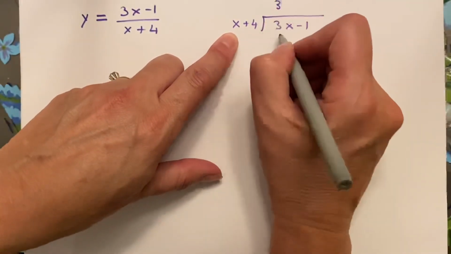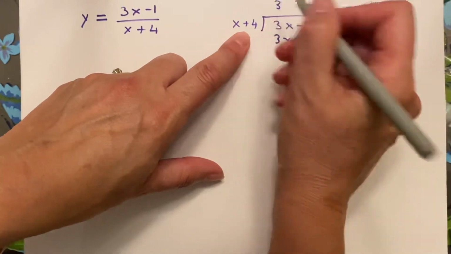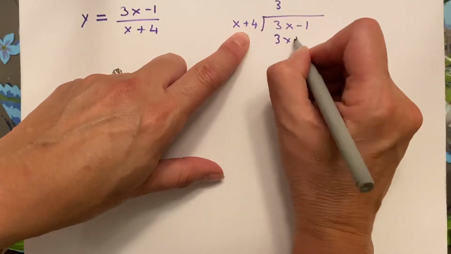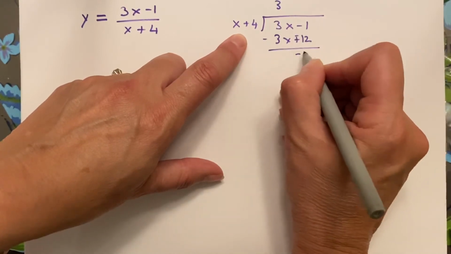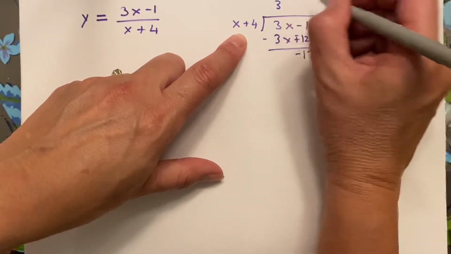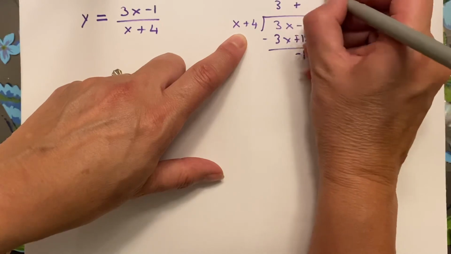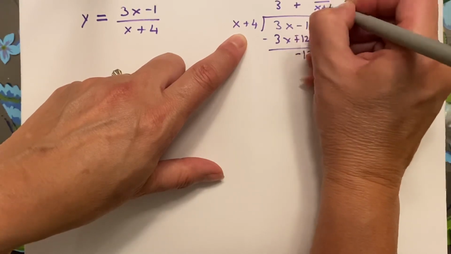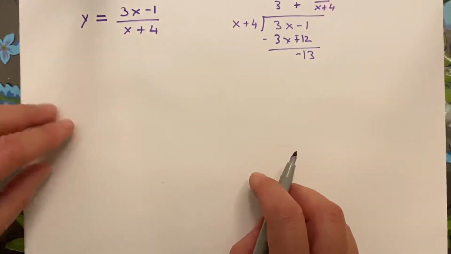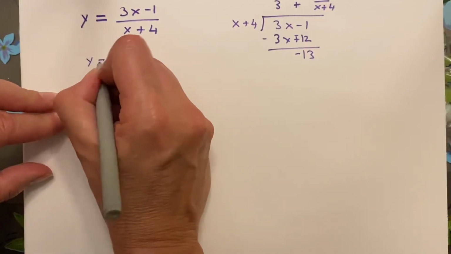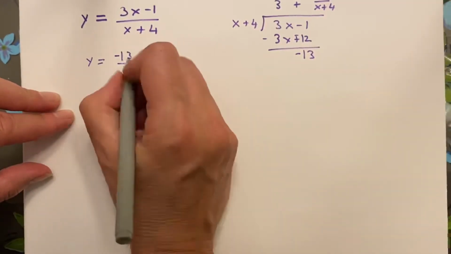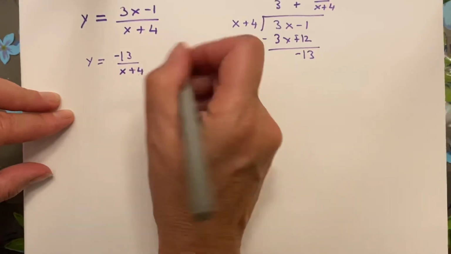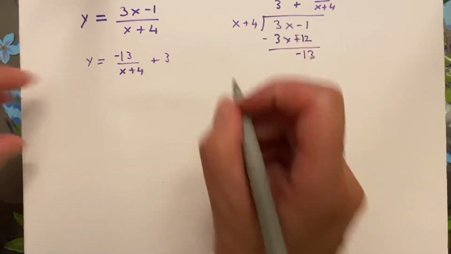It goes 3 times. 3x, and then 3 times 4 is 12. When I change my signs, I get a remainder of -13. So plus -13 over x plus 4. My equation, therefore, is y equals, I'm going to reverse things, -13 over x plus 4 plus 3.